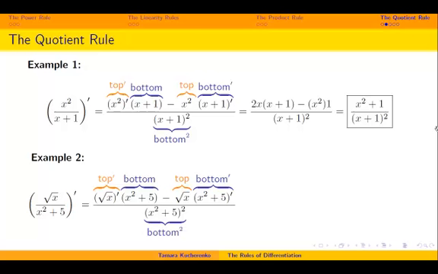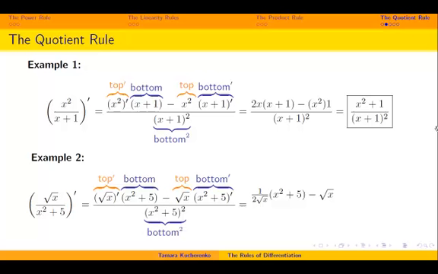The derivative of the square root of x is 1 over 2 square root of x. We computed the derivative of square root of x earlier and remember it for this kind of computation. We multiply by the bottom, which is x squared plus 5, minus square root of x times the derivative of x squared plus 5.